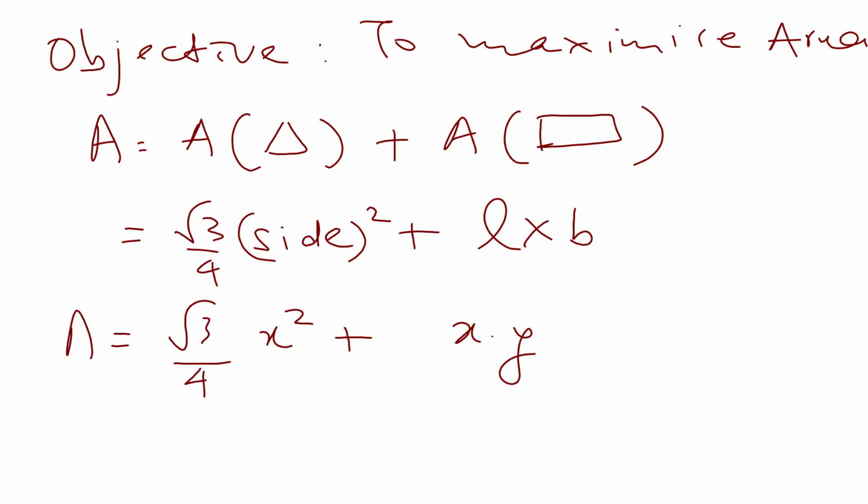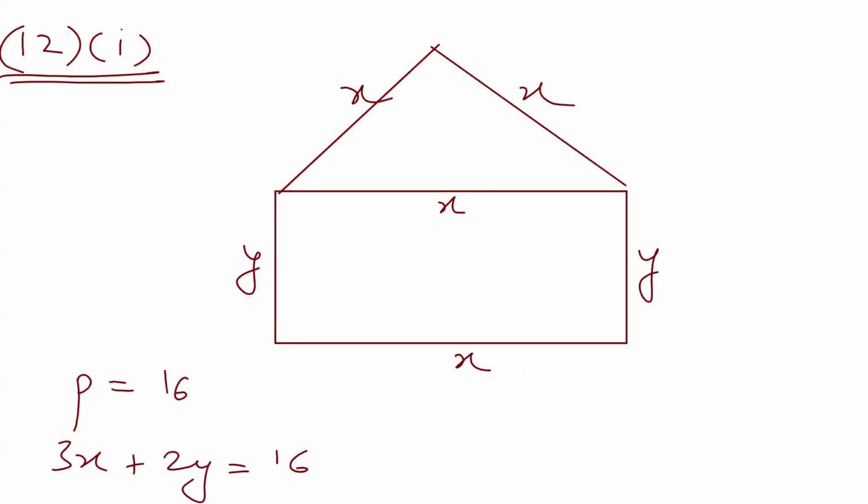So this is area. Now see, we'll replace y from the previous page. So 2y is equal to 16 minus 3x, so y is equal to 16 minus 3x upon 2.